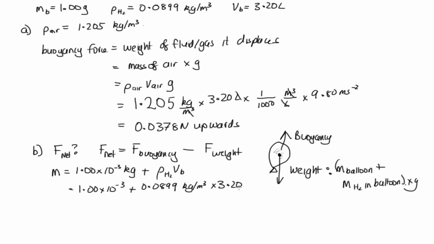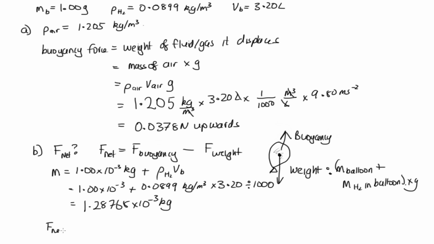So it's 3.20 liters. To get that liters into meters cubed, we need to divide by 1,000. So we can now solve this on the calculator to get the total mass of that hydrogen balloon. So that gives us 1.28768 times 10 to the minus 3 kilograms. And so the weight force will just be this times G, 9.8.